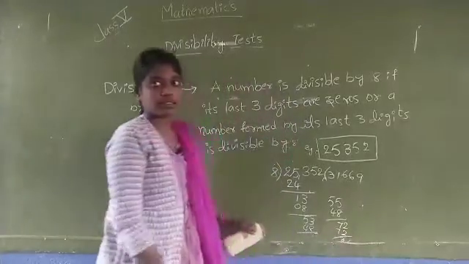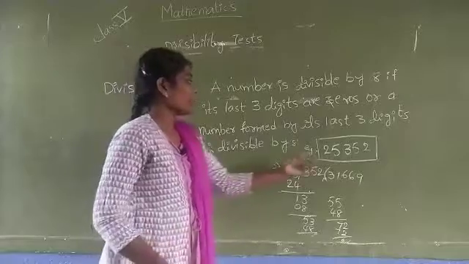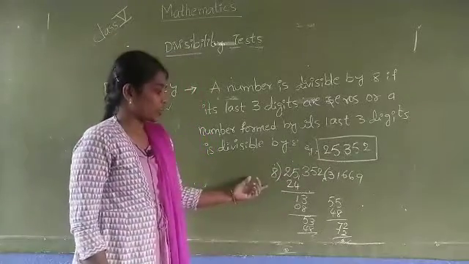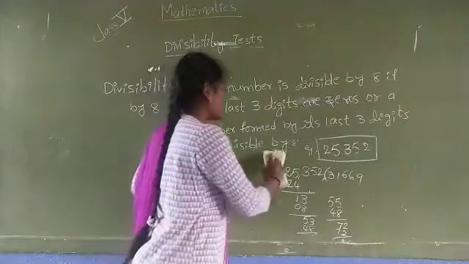The remainder is 0. So this number is divisible by 8. In actual process also this number is divisible by 8.